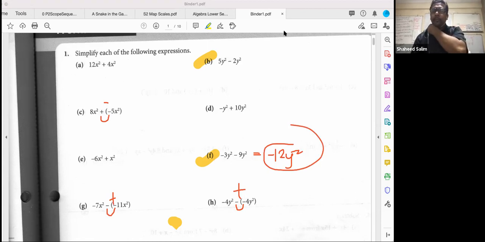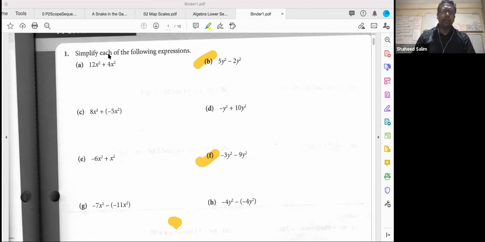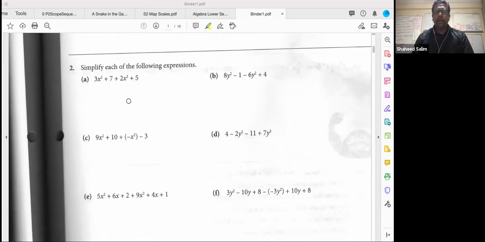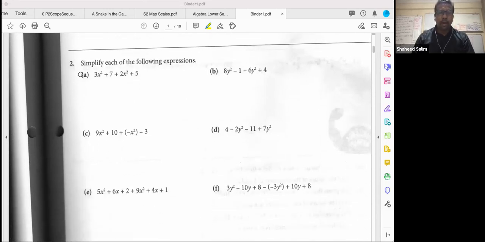Okay. All right, here we go now. Now they want you to simplify. Can you try question A? Group the same type together.